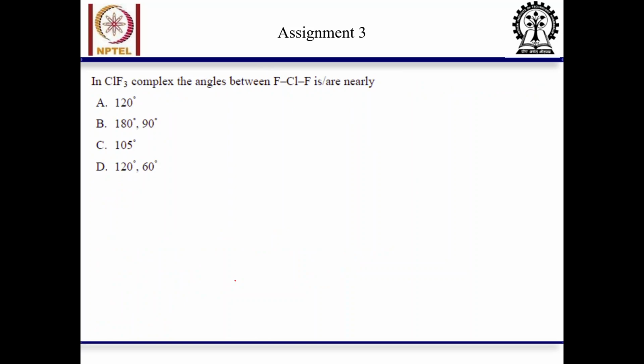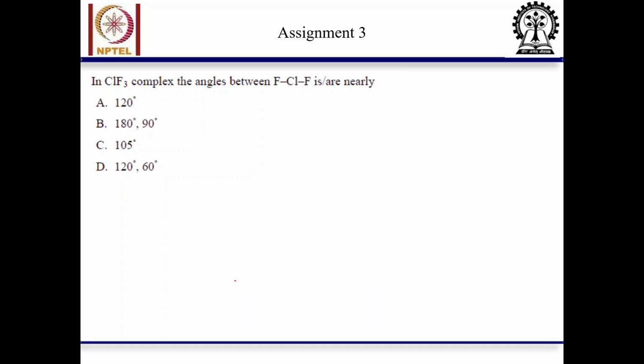In ClF3, the angle between the F-Cl-F is nearly equal to. Can anyone tell? First of all, in ClF3, what is the shape? If you know the shape, then you can easily tell the answer. Oh, you are saying B. Can you tell me the shape?